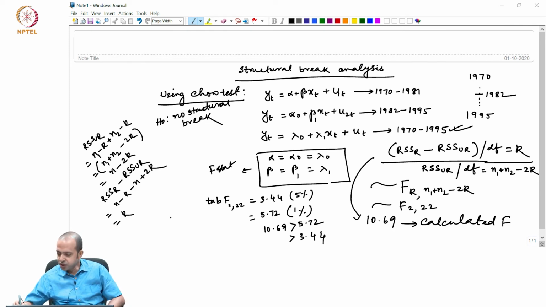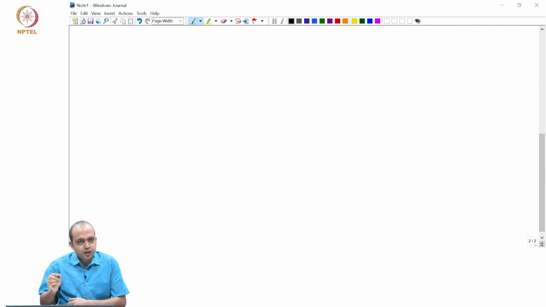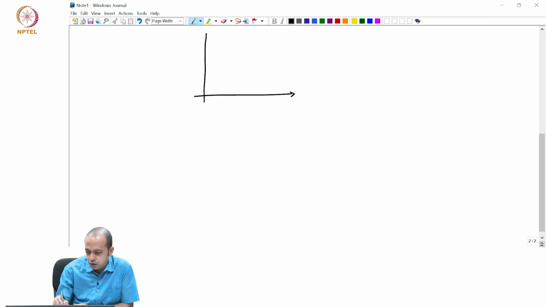And then what we said, when this is rejected, that means Chow test is indicating 3 situations. So, here it is income, and here it is saving. Okay, saving.